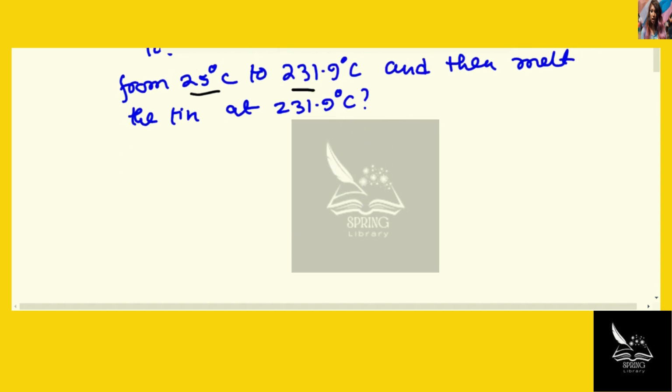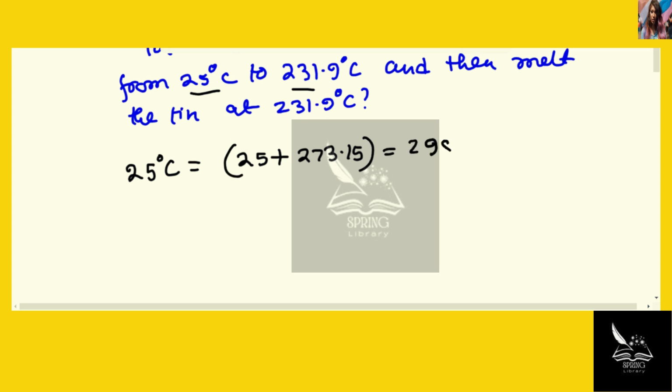Now here, initial temperature is 25 degrees centigrade, so let's convert it into Kelvin. So 25 plus 273.15, it is 298.15 Kelvin. Now the final temperature, 231.9 degrees centigrade, we'll convert this also into the Kelvin scale.